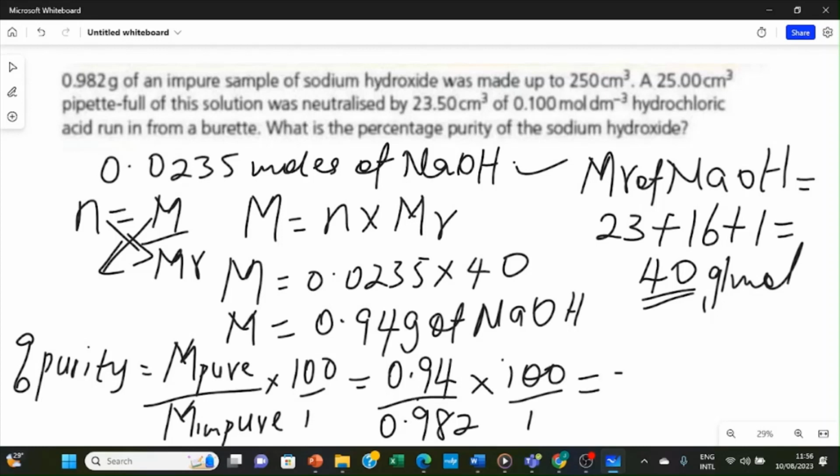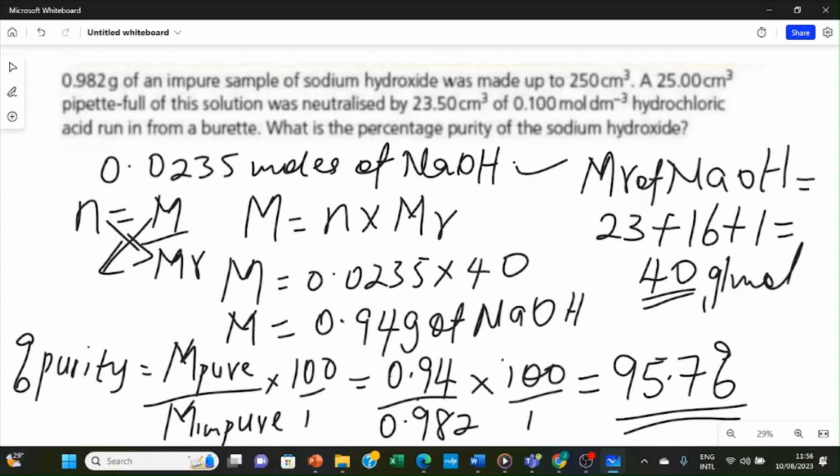So let's use the calculator. 0.94 times 100 is equal to 94, divided by 0.982. So you get 95.7%.